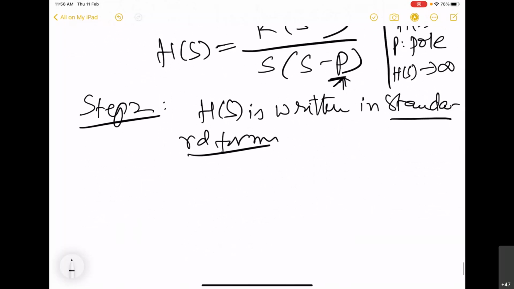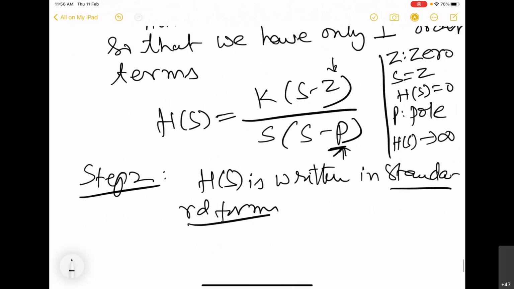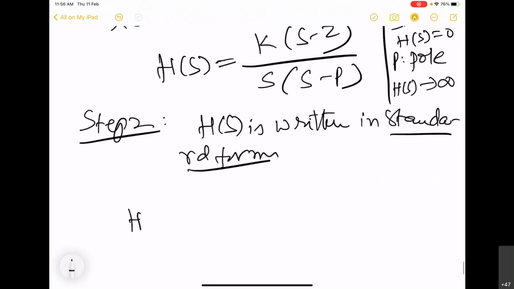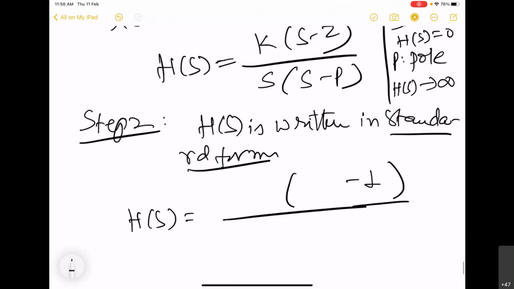Now, what do we mean by standard form? In the standard form, we always try to make this constant 1. That can be done easily by taking this Z and P common. So in the standard form, we try to make these terms always 1.